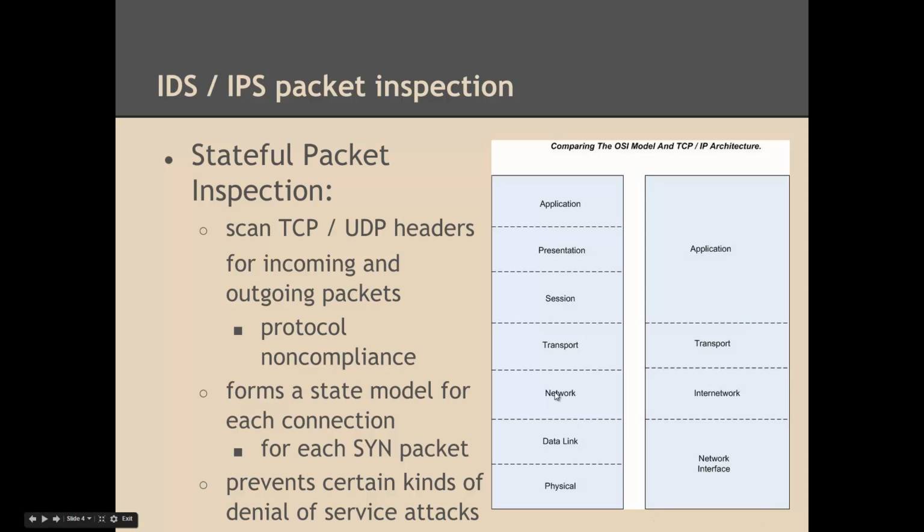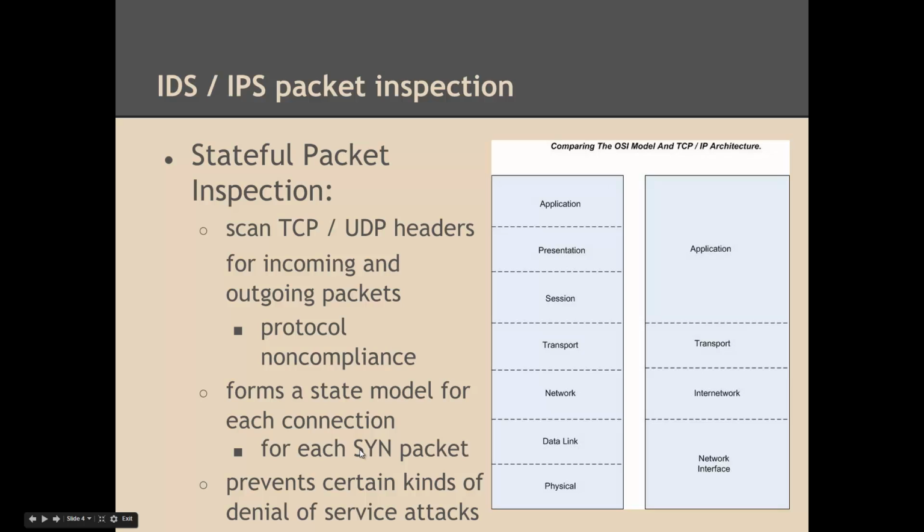For TCP, since the flows go each way and there's a handshake, UDP, the flow is really just one way. For TCP, the stateful packet inspection begins on each SYN packet.